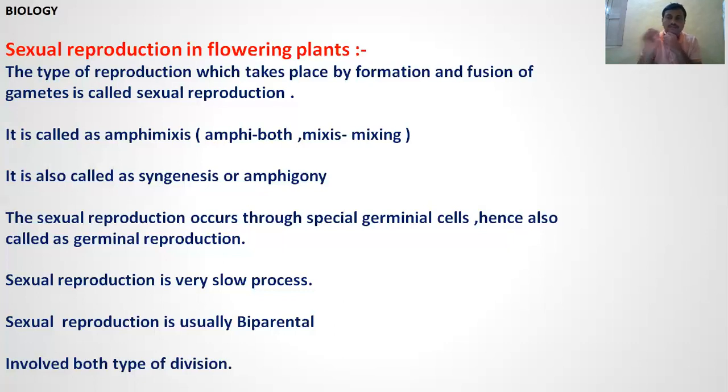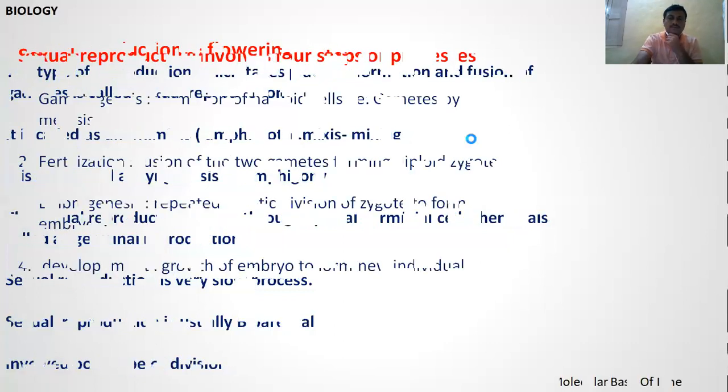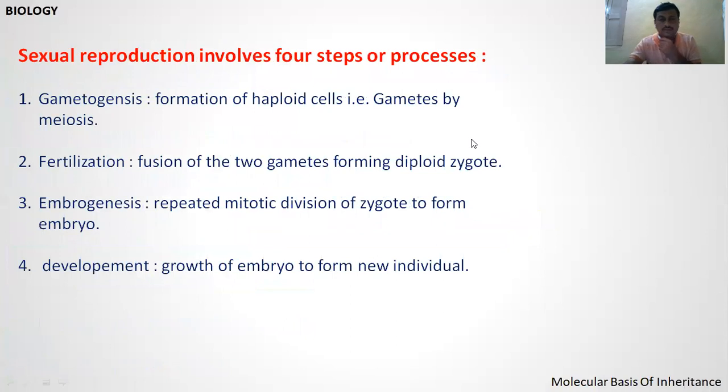Okay, then the next slide. Sexual reproduction involves 4 steps or processes. First, gametogenesis.